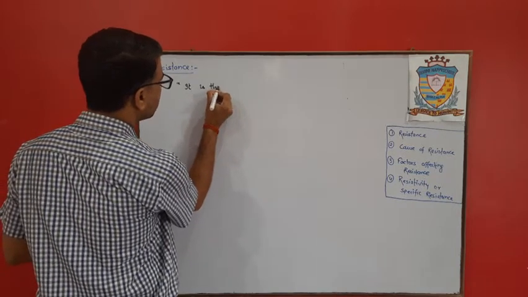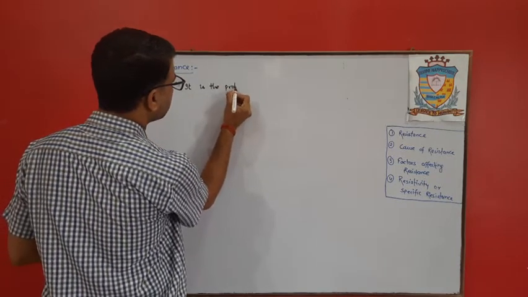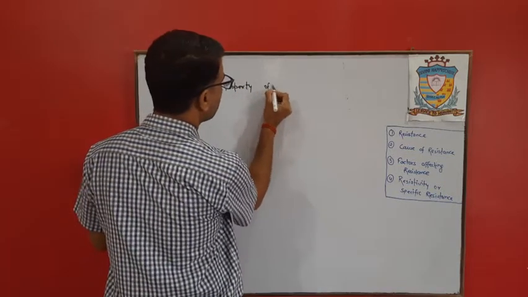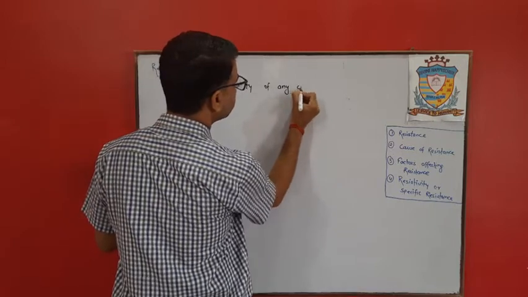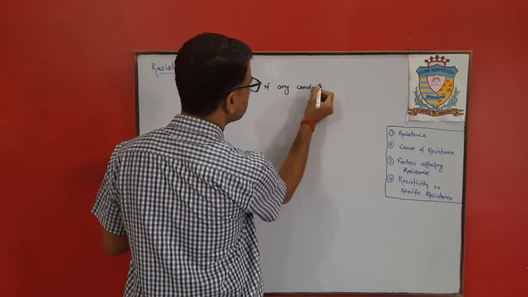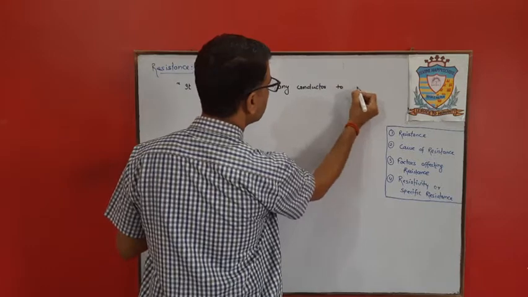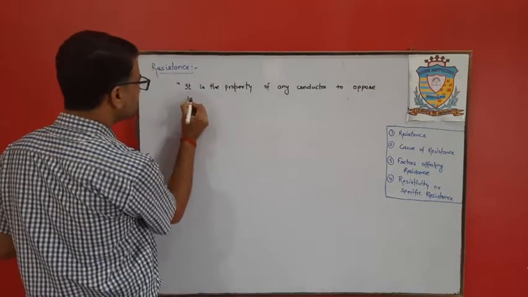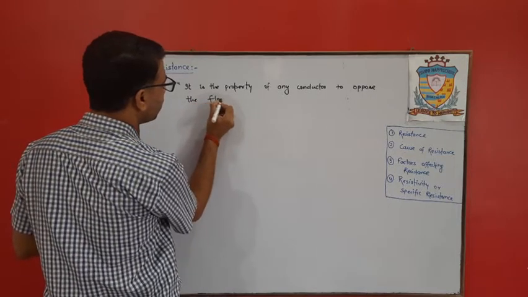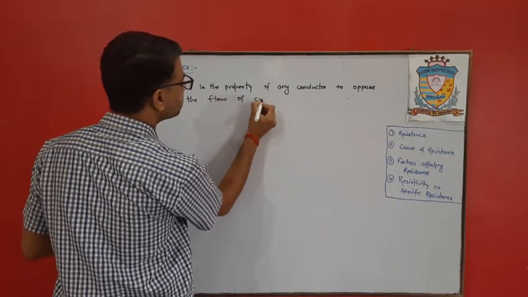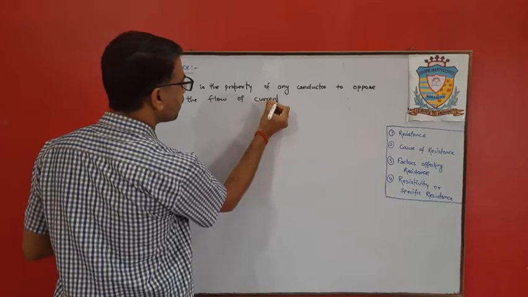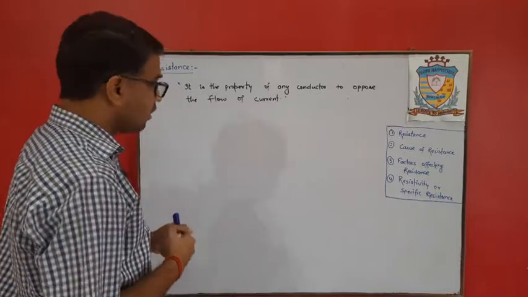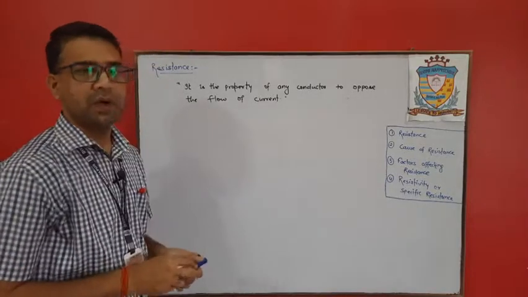It is the property of any conductor to oppose the flow of current.